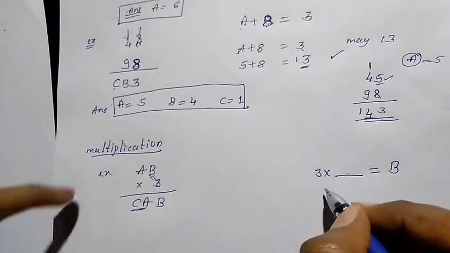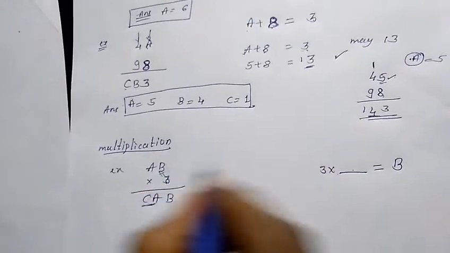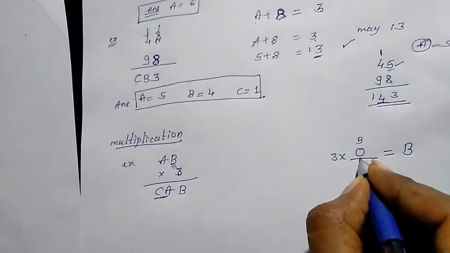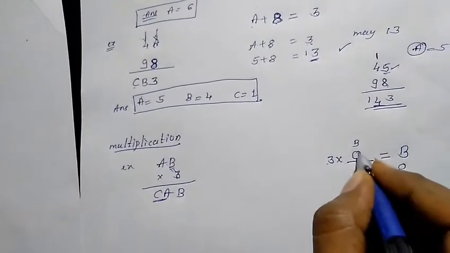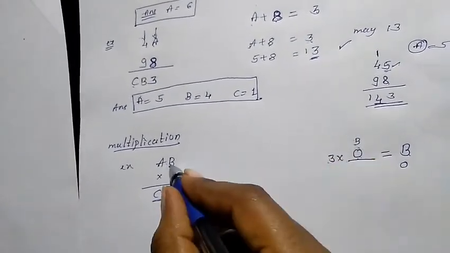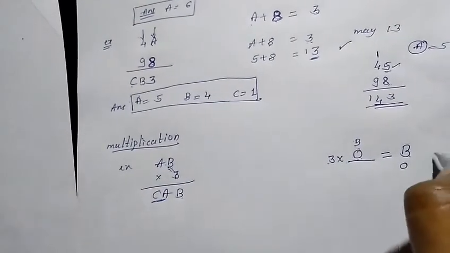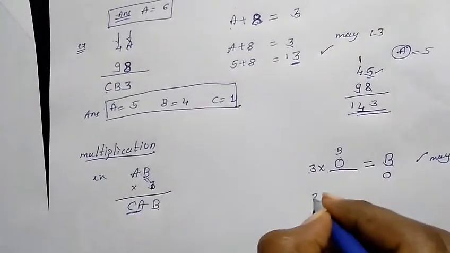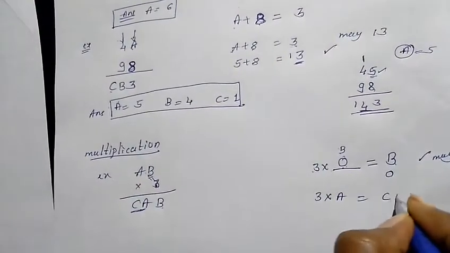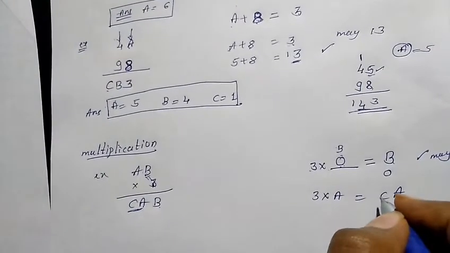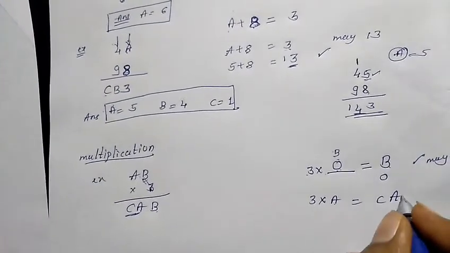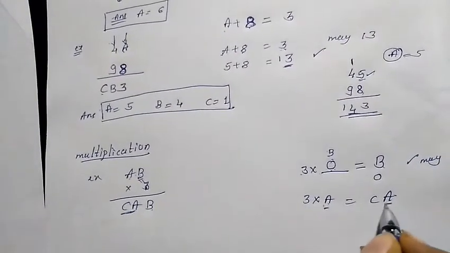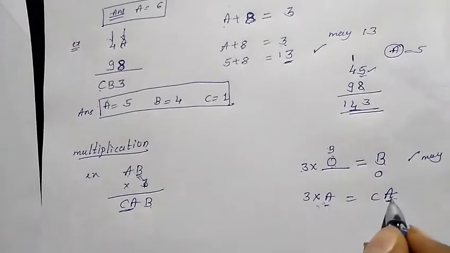Now think, if you multiply 3 into 0, in place of B I have written 0, then 3 zeros are 0. The B in the answer is also the same, so it may be the answer. Then we will check the next. So 3 into A equal to CA. In place of A, you have to write a number such that at the end the A is the same number.